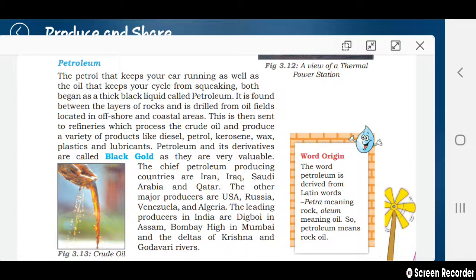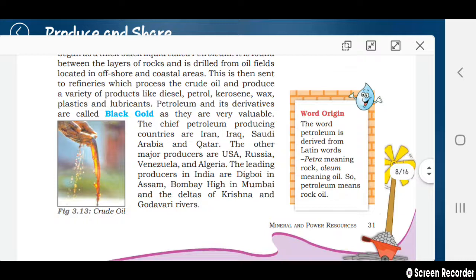This is then sent to refineries, which process the crude oil and produce a variety of products like diesel, petrol, kerosene, wax, plastics, and lubricants. Petroleum and its derivatives are called black gold, as they are very valuable.